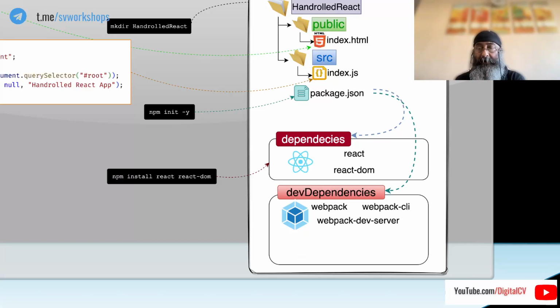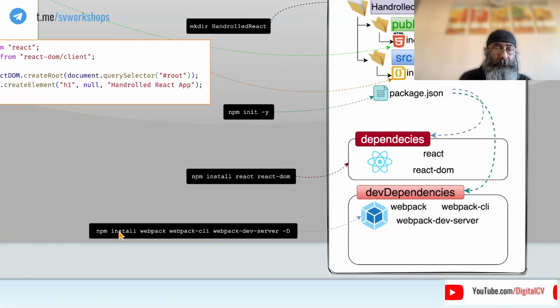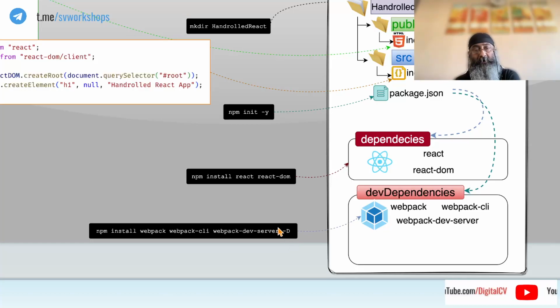And we need this command to install. So let's see how we can install Webpack. We need to do npm install webpack, the CLI, and the server, and these are going to be dev dependencies.